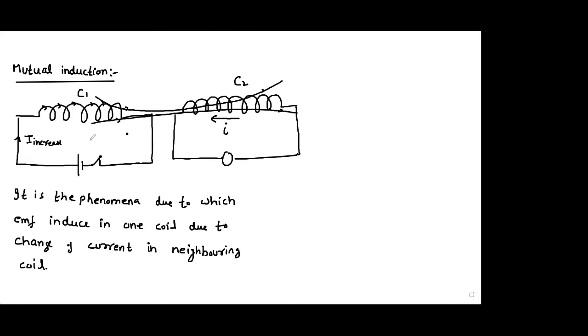So if you are changing current in one coil, then EMF will be induced in the second coil. This is known as mutual induction.